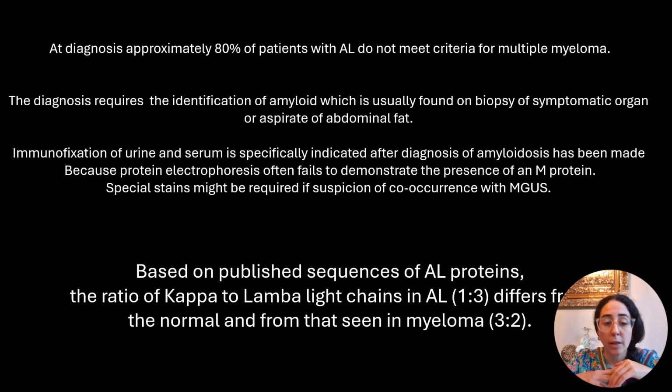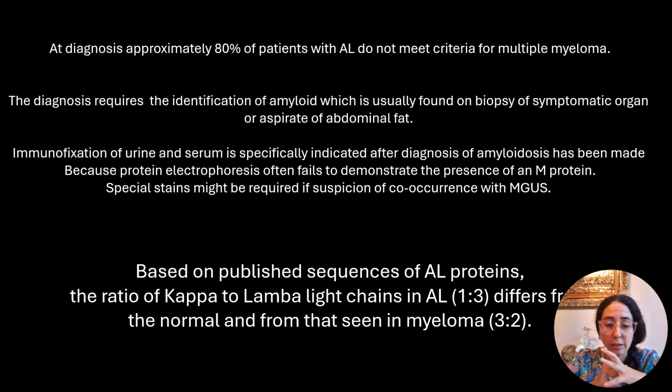Another important thing is that if you have a positive diagnosis, special stains might be required if there is suspicion of co-occurrence with MGUS. These two conditions can occur together, so in those cases, special stains need to be ordered.